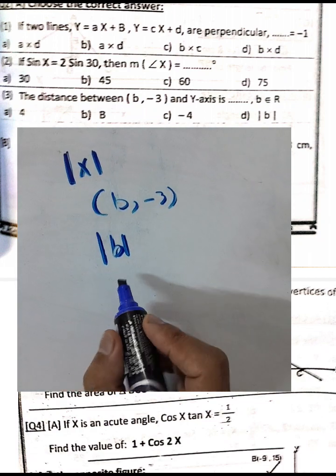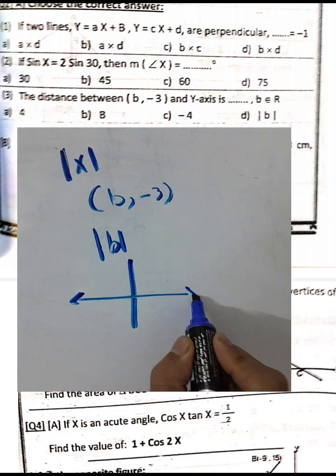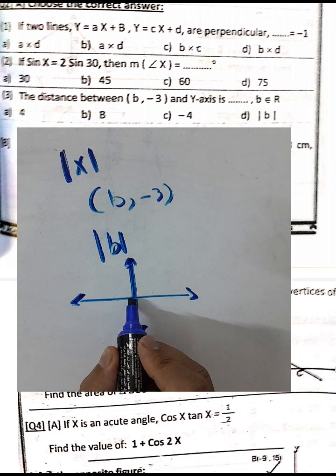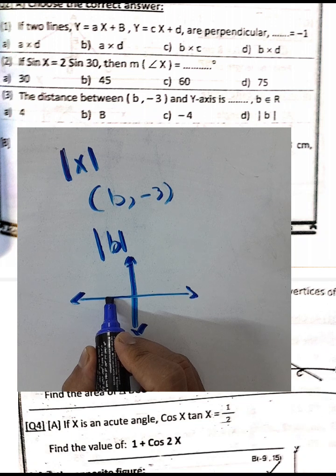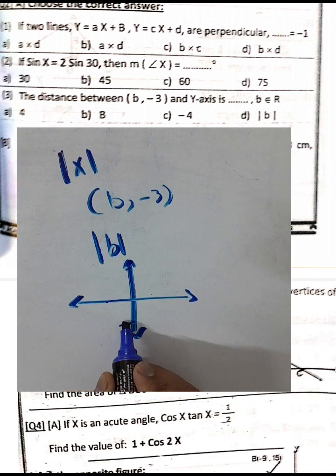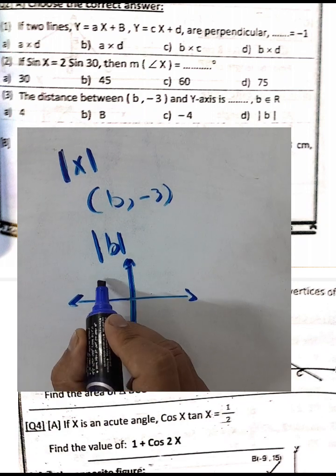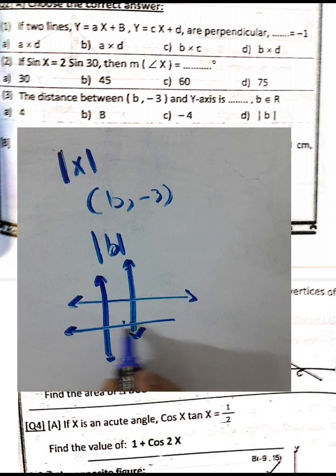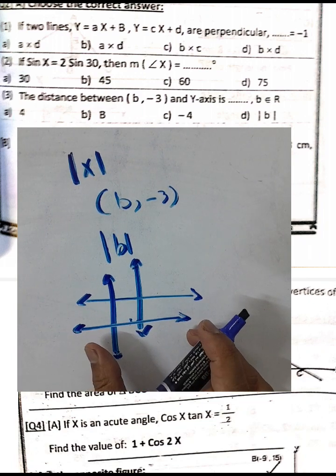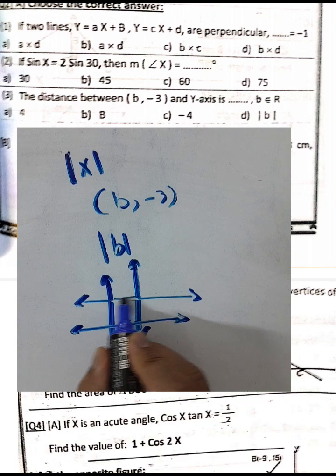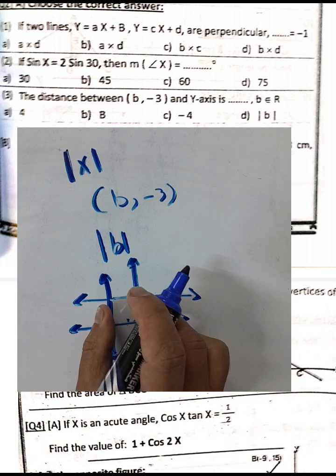B. Why? Because if we have this point in the coordinate plane, (B, -3), moving B and going to -3 down here, this point here, and we have a straight line here. You want to find the distance between this straight line and the y-axis. Then you must find this place here.